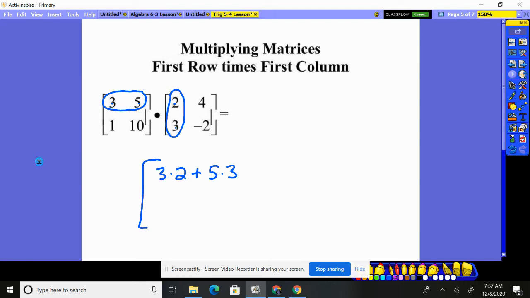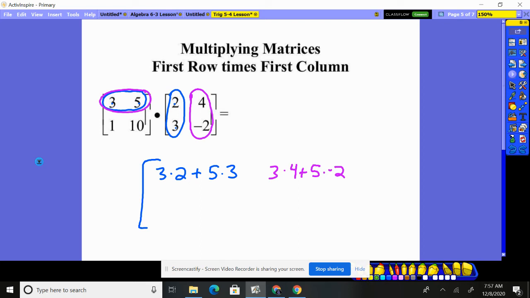Well, do we have another column? Yes. So we're going to go first row times the next column. So that's going to be 3 times the 4 plus 5 times the negative 2. Now, I don't have another column, so I can't do first row times the next column because it doesn't exist. So now I'm going to have to start over.